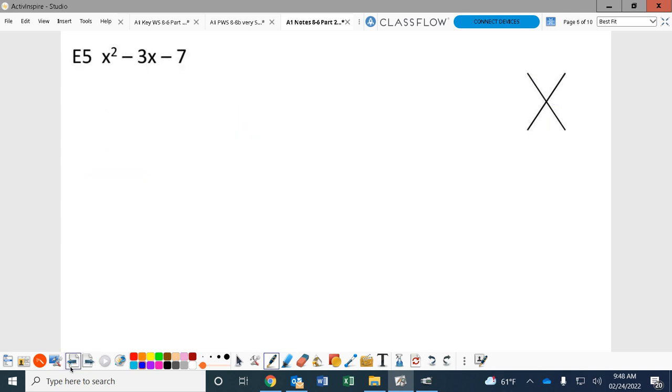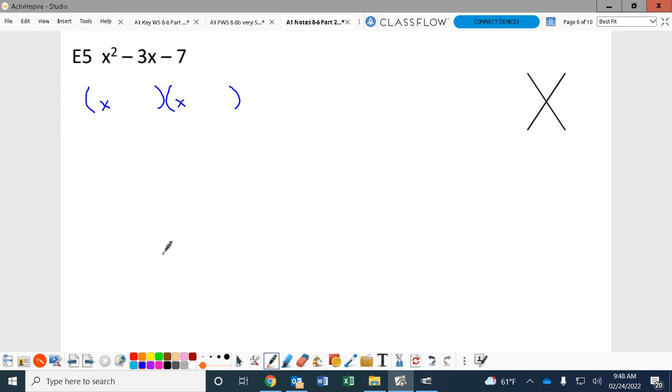Okay, guys, this is a binomial that should be very easy. We'll talk about this as we go forward. This is a binomial that doesn't have a number in front. So when I set up our parentheses, what goes in front when it's x squared? We already did this once, but what goes in front? X. And then all you're doing is finding the numbers that go in the diamond.